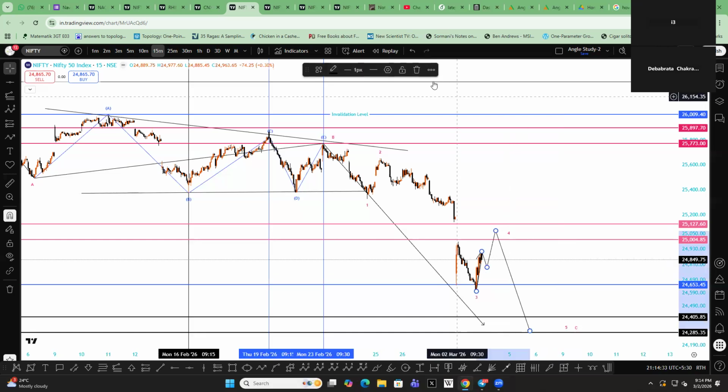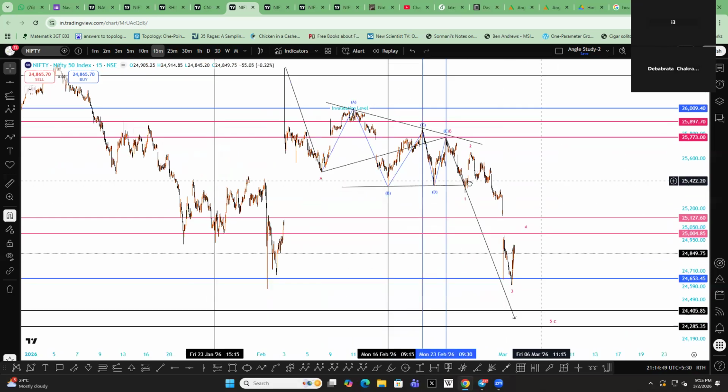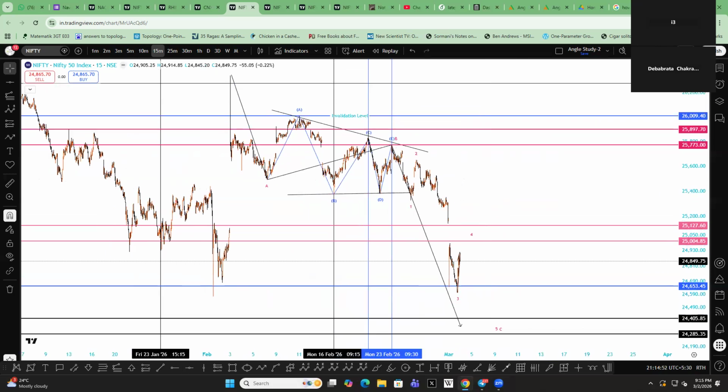Because of the bigger structure. I've discussed that this is an X wave and a Y wave is to follow, and Y is composed of ABC.